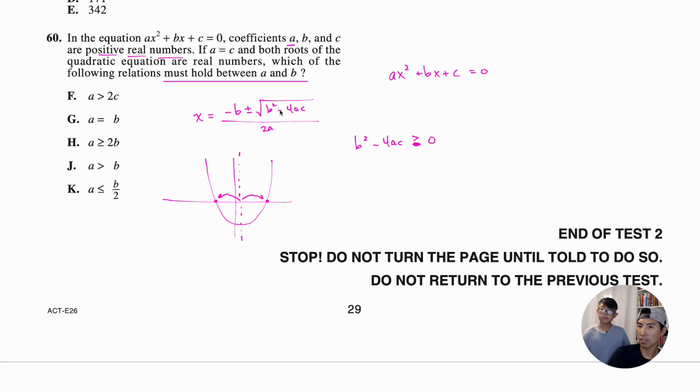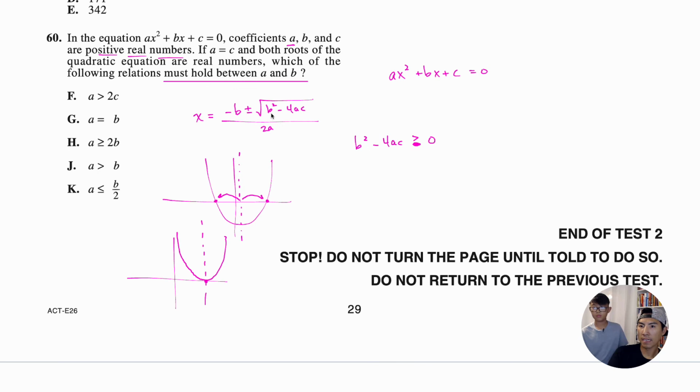Because if it's 0, then this becomes negative b plus minus 0 over 2a. We're just adding and subtracting 0, so we don't have 2 roots. That graph is going to look like this. We're only going to have one solution.